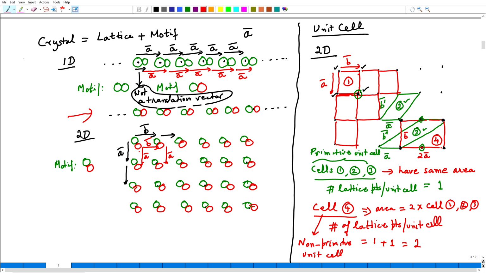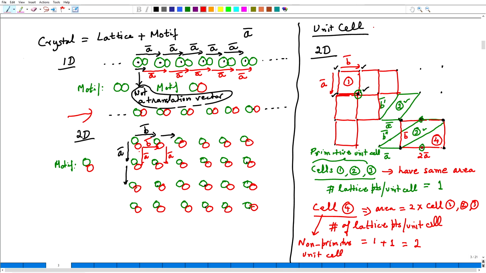Now, how many primitive unit cells can I have? Well, in fact I can have an infinite number of primitive unit cells, and non-primitive, again I can draw even bigger cells including more lattice points, or I can have different shapes having the same number of lattice points. So, again infinite. Therefore, any lattice can be described by one of the infinitely available unit cells.